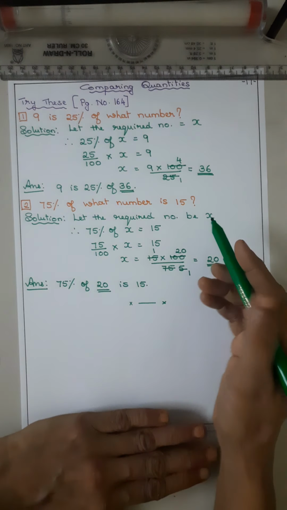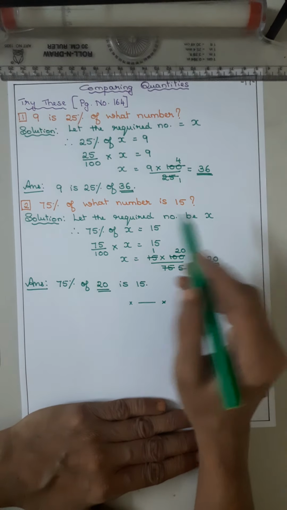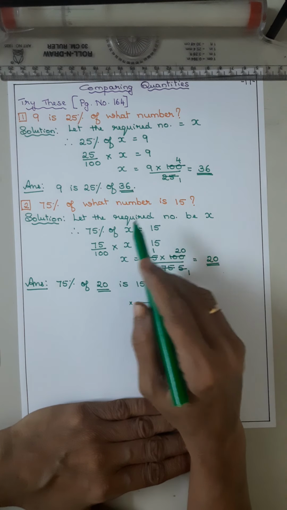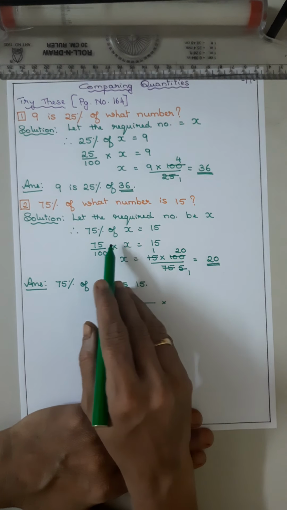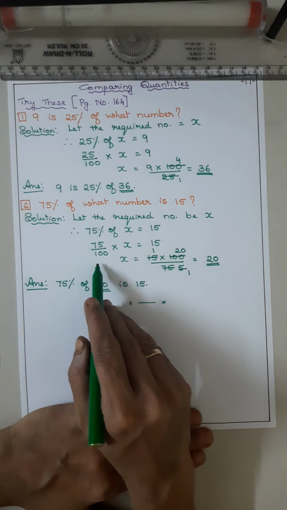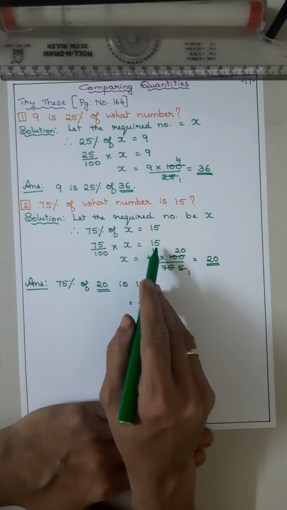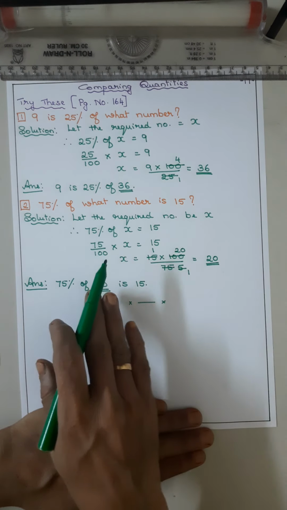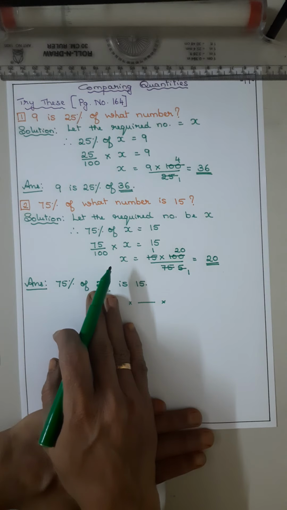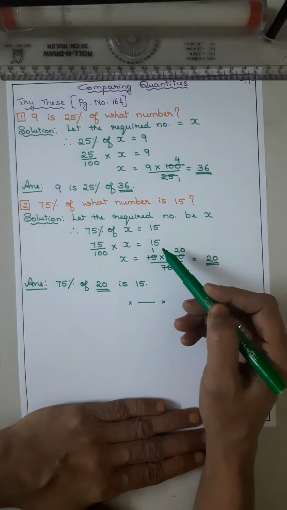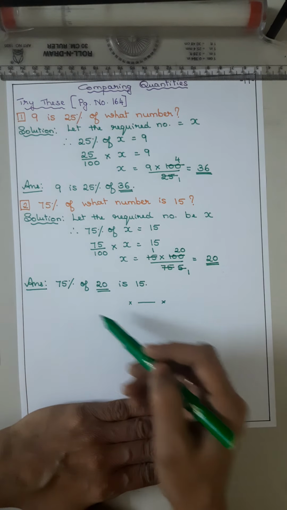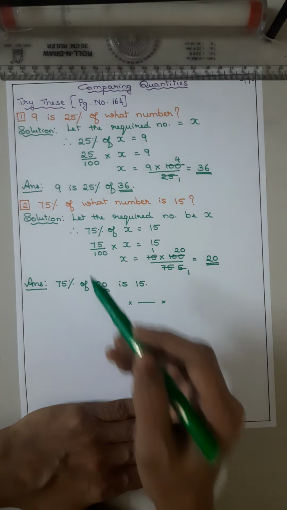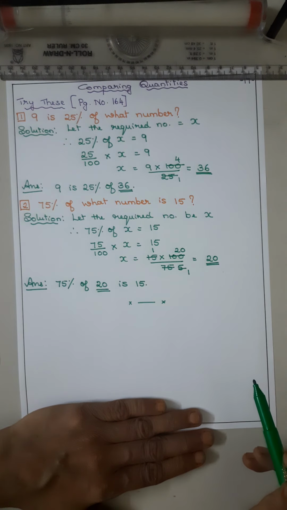So let the required number be x. 75% of x is 15. So 75 by 100 into x is equal to 15. X, let it be on the left hand side, and on the right hand side 15 is there. Take that 100 to the numerator and bring that 75 to the denominator.